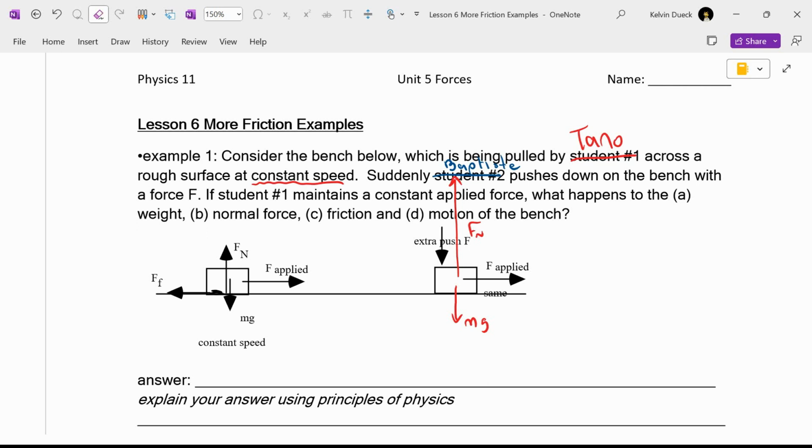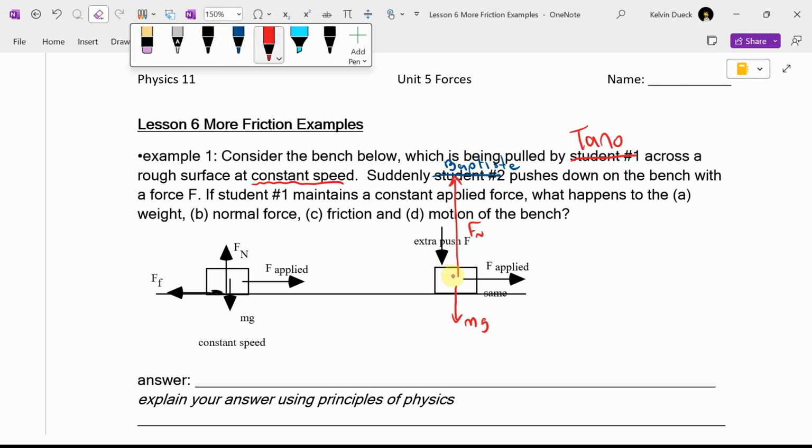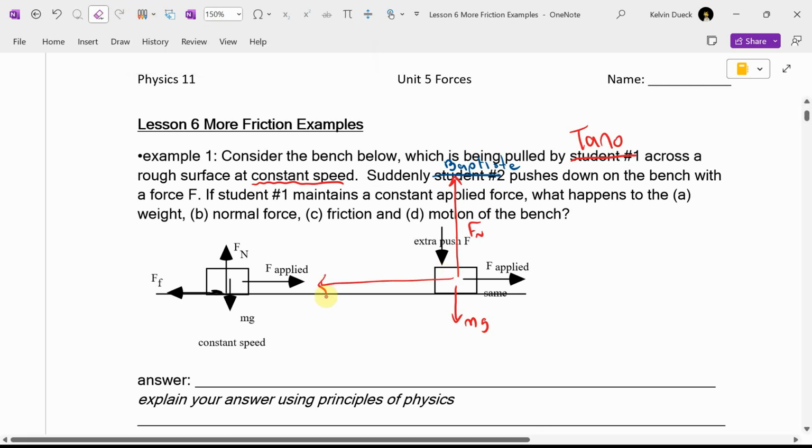I've got to be fussy, not more mass, because weight, that arrow didn't change at all. Which arrow changed? And friction is what times what? Mu times the normal force changed, and so friction is going to be bigger. Let's exaggerate it and label that friction.